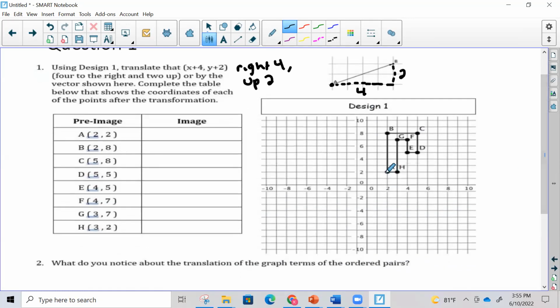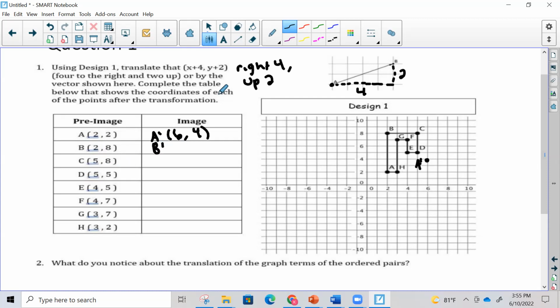Okay, so we're going to do this for each point and translate it. I'm going to start with A, and I'm going to go 4 right. So 1, 2, 3, 4, and then up 2, 1, 2, and that would be my new A. And so this is A prime. Okay, and then I find those points, which is 6, 4. Now, you don't have to use the graph. You could just find the point by adding.